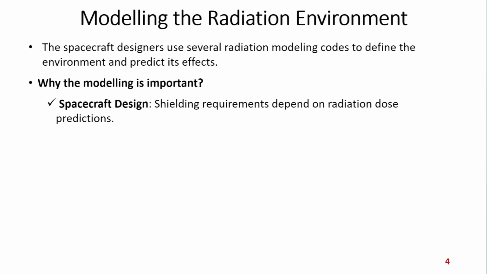Why is it important? Because each spacecraft should have protective measures, like shielding. The extent of shielding, what metal thickness should be used, will depend on what the radiation dose is.